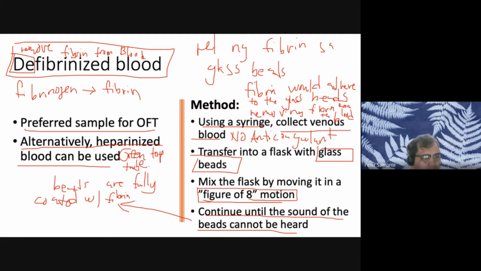That would be your alternative sample. So if you're asked what blood sample is used in the osmotic fragility test, your first choice would be the defibrinated blood. If there is no defibrinated blood in the choices, go for the heparin tube.